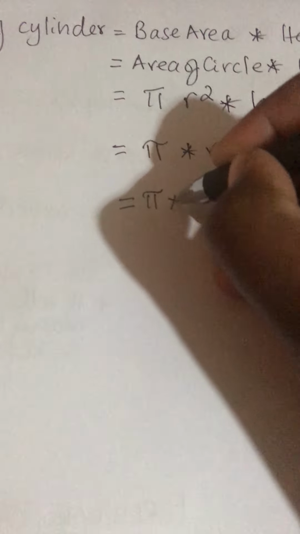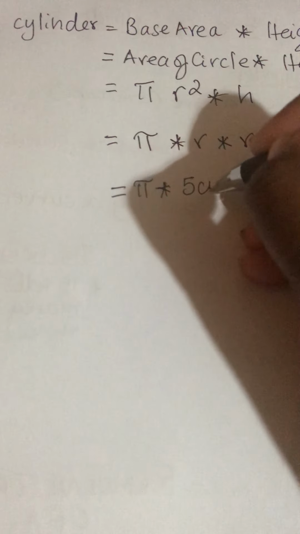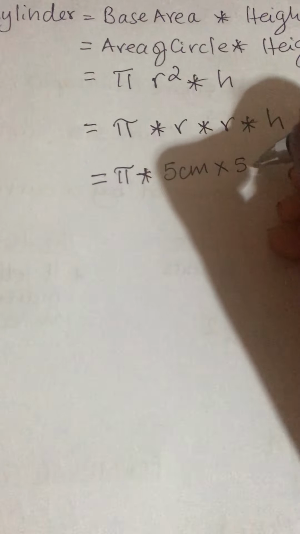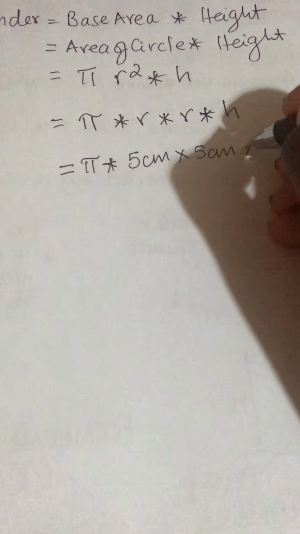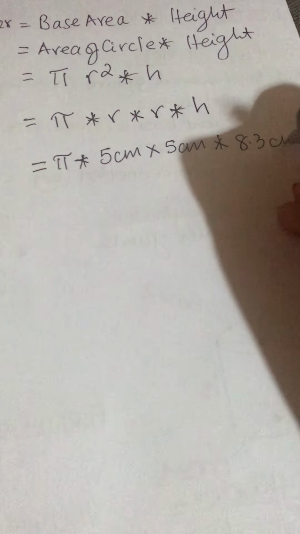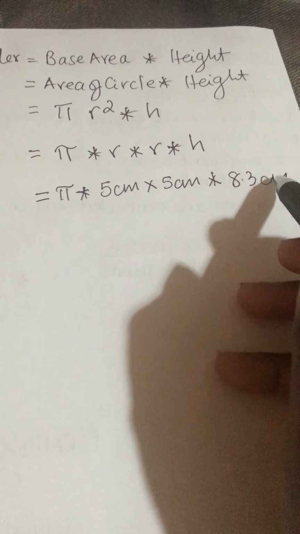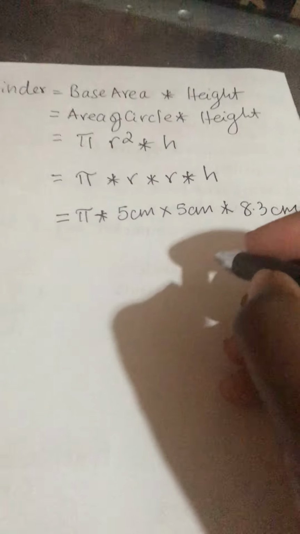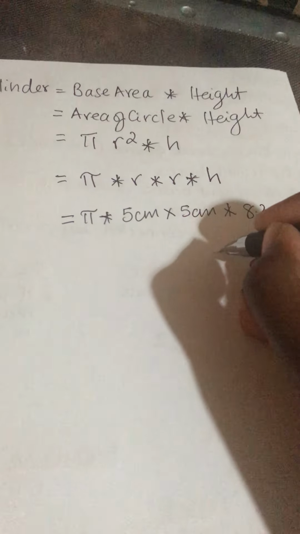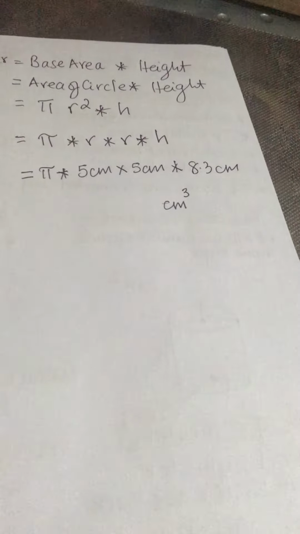Pi times 5 centimeter times 5 centimeter times 8 3/10 centimeter. How many centimeters are these? There are 3 of them. When you multiply the same number 3 times, your answer has the power of 3, just like that.